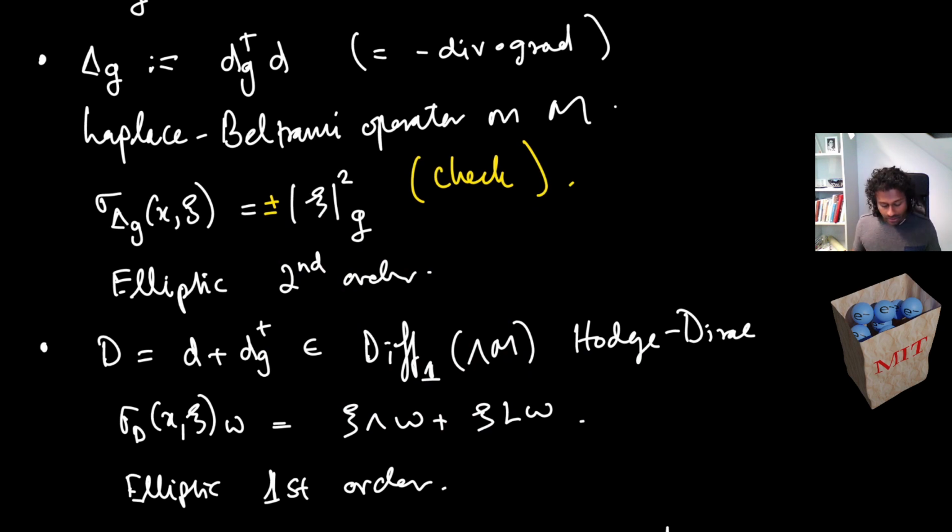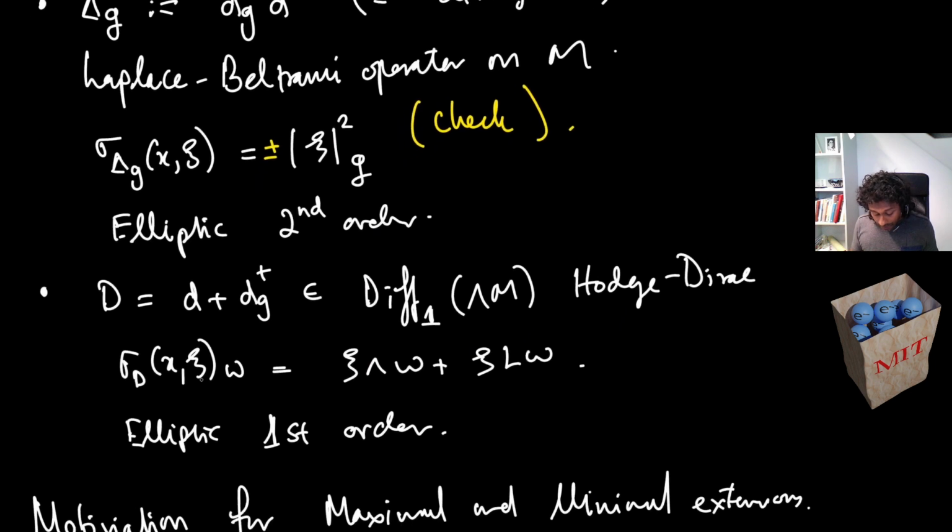But you might say, why am I not caring about this at all and just sweeping it under the rug? The point is that first order differential operators will necessarily have spectrum on both sides, because for a first order operator, the map psi mapping to the symbol x psi is a linear map.